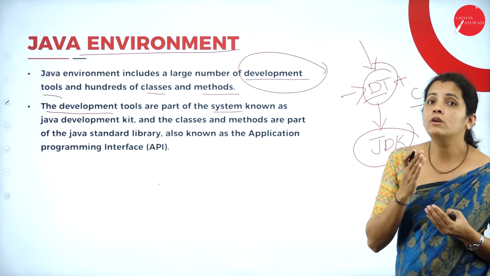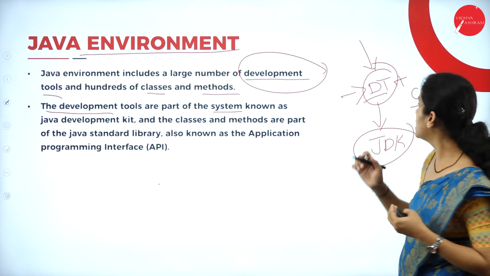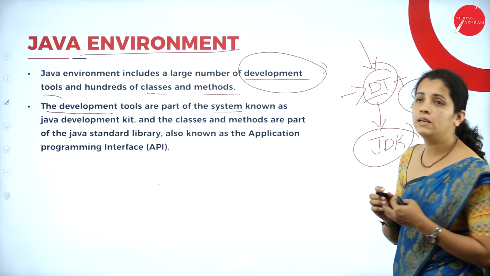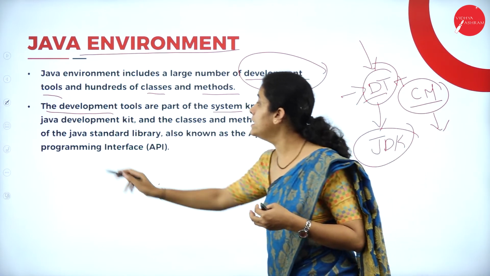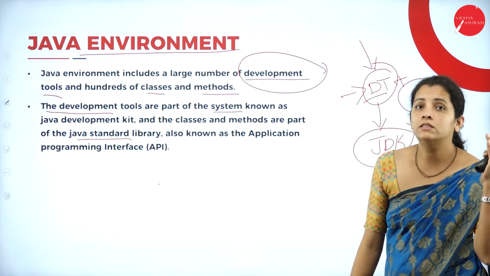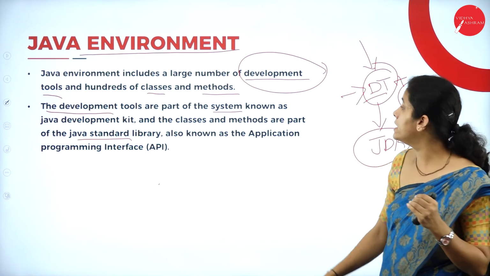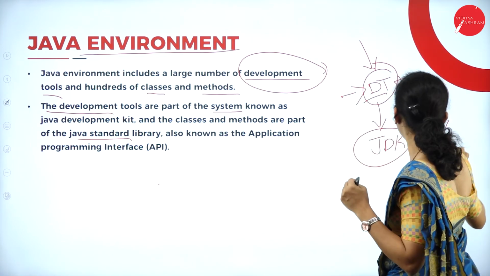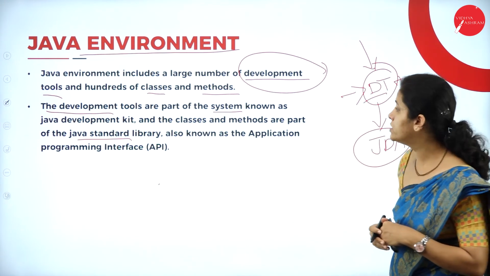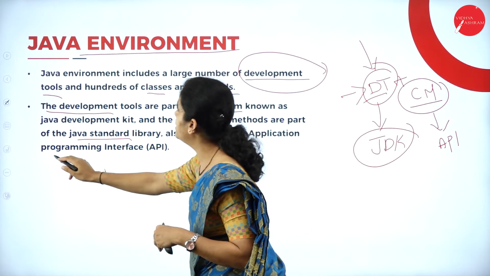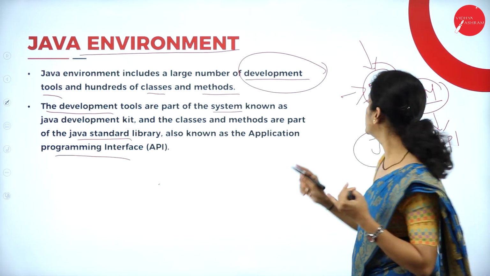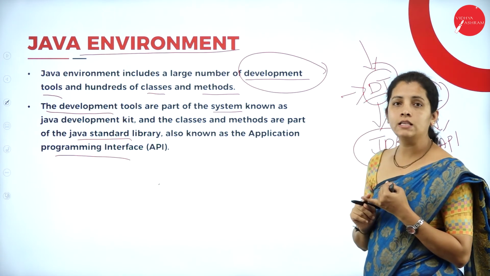And what about classes and methods? Here classes and methods are called the system library, that is the standard library, that is the Java standard library, and it is also called API. What is API? That is Application Programming Interface. So here the Java environment includes JDK as well as API.